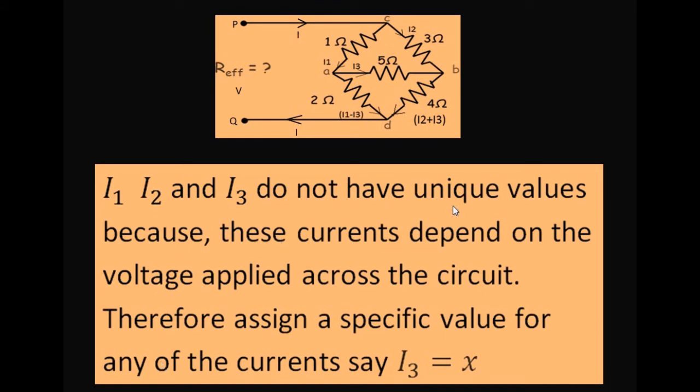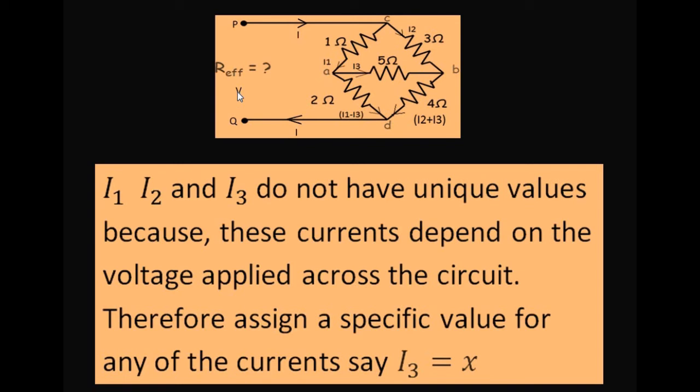Now I1, I2, and I3 do not have unique values, because these currents depend on the voltage applied across the circuit. Because the equations may not be independent, you will not get unique values for I1, I2, and I3. In practice, the reason is that the I1, I2, I3 values depend on the applied potential difference.